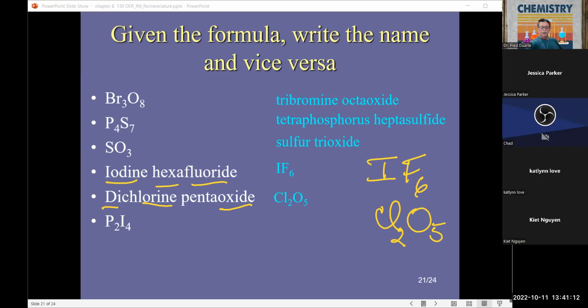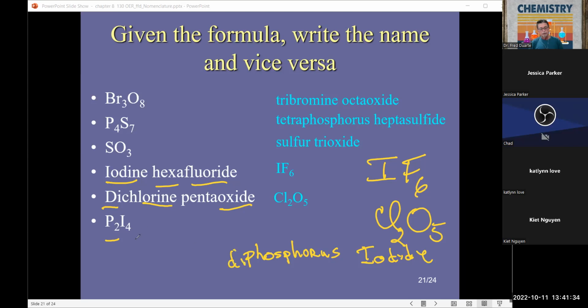And then here we want the name. So we have, as the second example we did earlier, phosphorus up front, and then iodide. Okay, go back and do the prefixes.